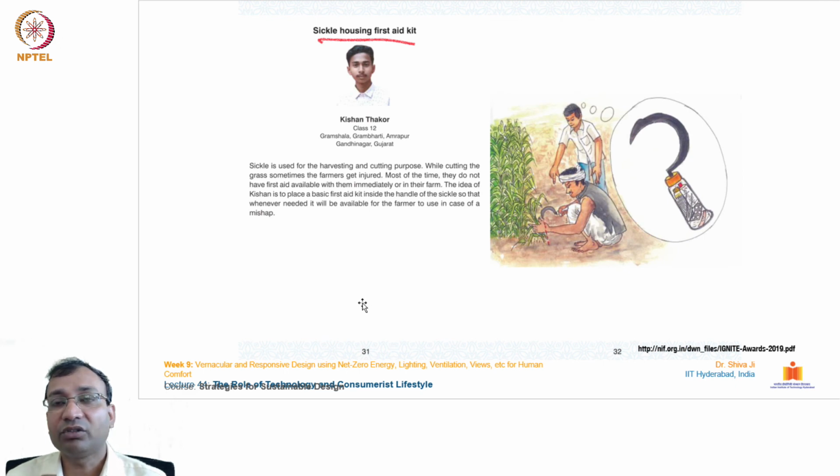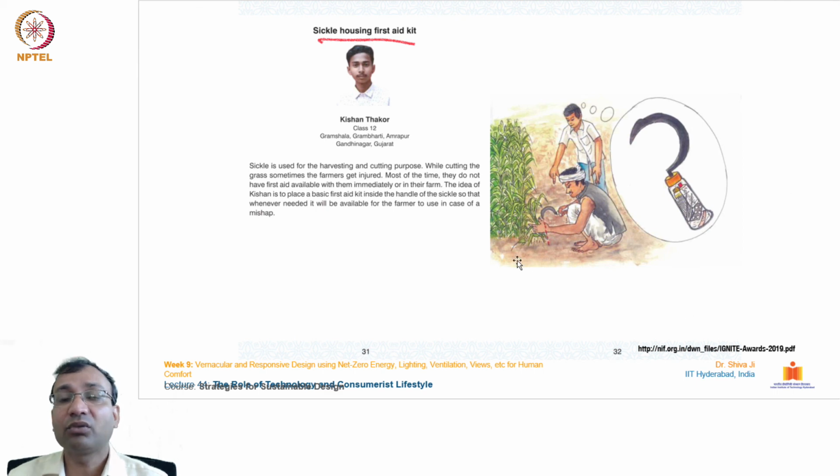So further, we have the sickle. You may have seen this sickle. A sickle is a very integral instrument for any agriculturist, any farmer who has crops to cut and take the harvest from the field. And usually they end up cutting their fingers and hands, sometimes injuring themselves very badly. The problem is that in the agricultural field, medical help may be placed a few kilometers away.